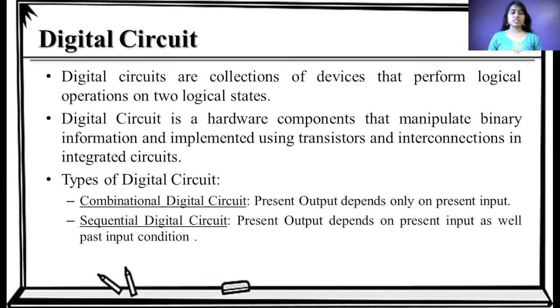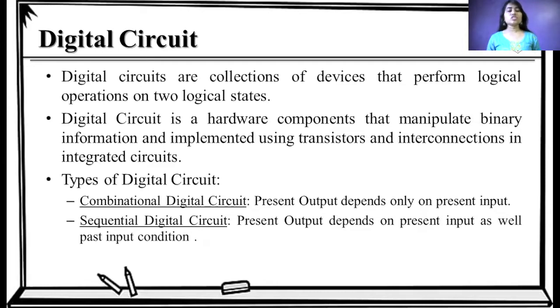Types of digital circuit. There are two types of digital circuit: first, combinational digital circuit, and second, sequential digital circuit. In a combinational digital circuit, present output depends only on present input condition. That means whatever input you give for a present condition, you have an output for that condition only.